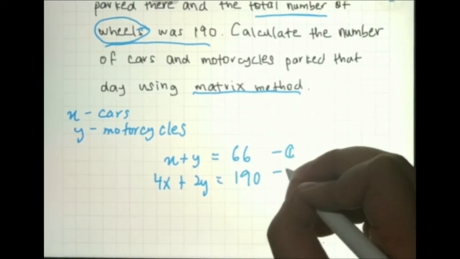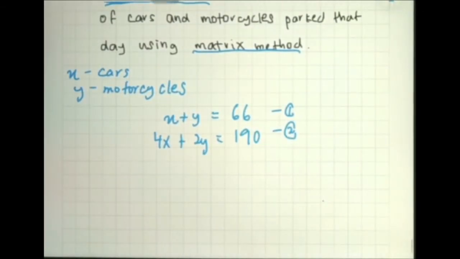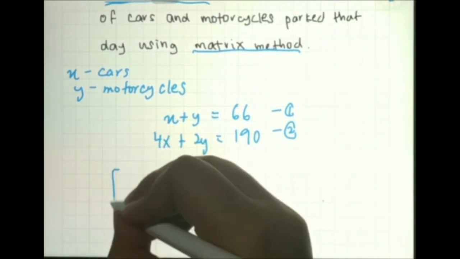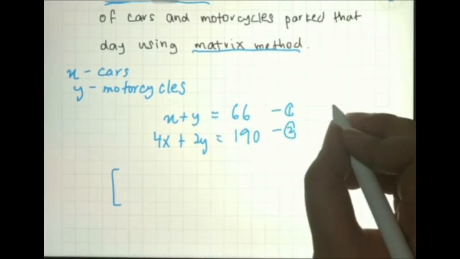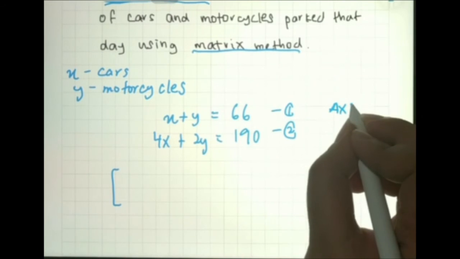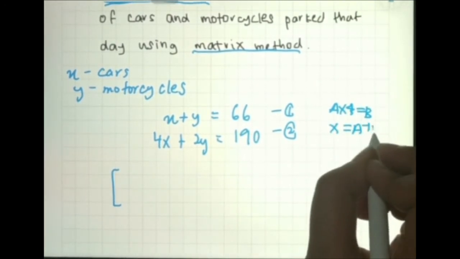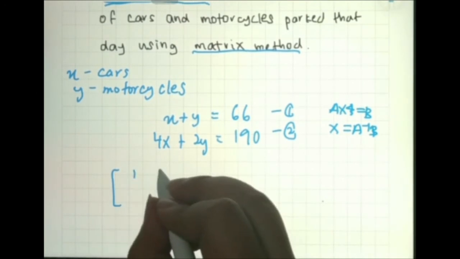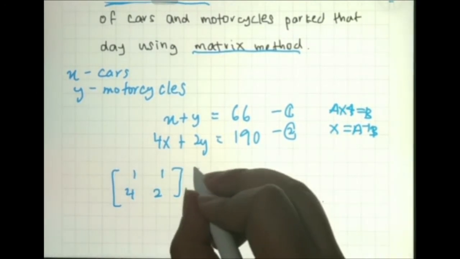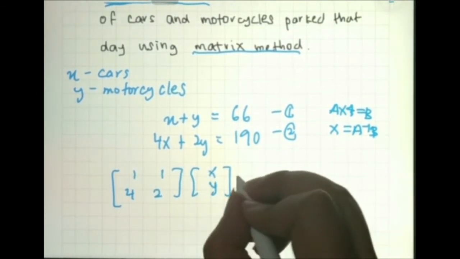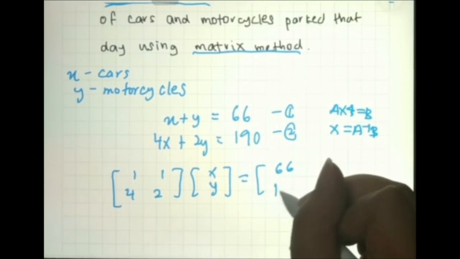So now we have our equations. Then we can continue on like normal. We write Ax equals B, and then x equals A inverse B. [1, 1, 4, 2], x, y equals 66, 190.